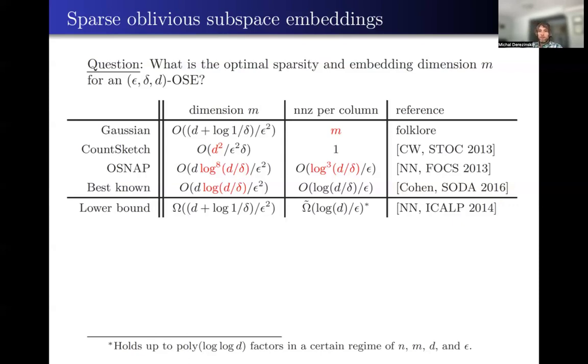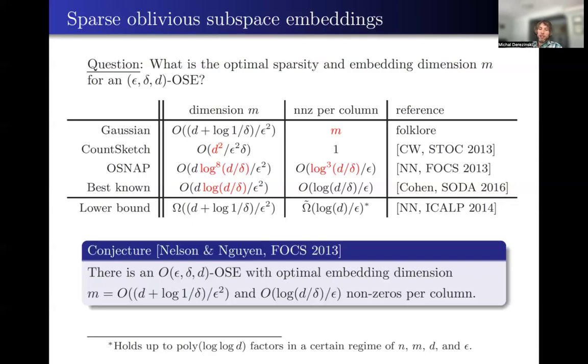Clearly, the main gap in what's known right now, and this is formulated in the conjecture that Nelson and Nguyen made, is how do we get to the actual optimal embedding dimension, which is d over epsilon squared, using a sparse oblivious subspace embedding, right?